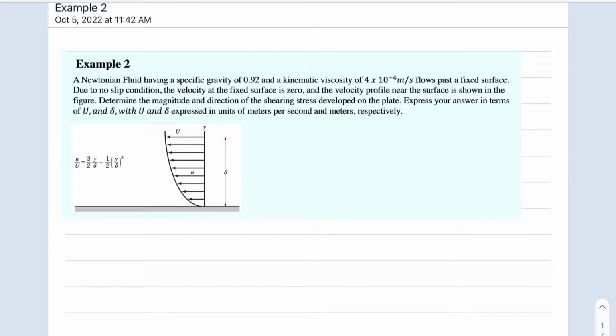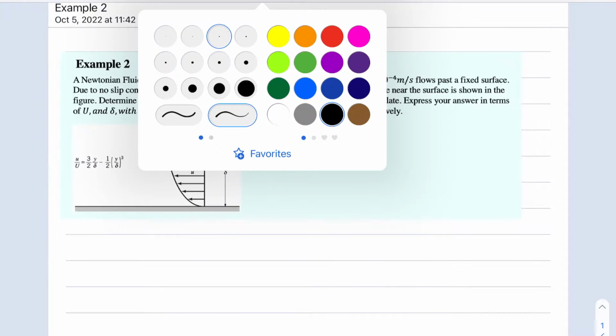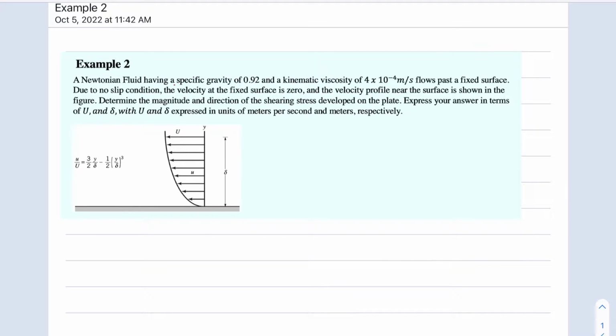So we have another example on the problem relating to the viscosity of a fluid. You have a Newtonian fluid having a specific gravity of 0.92 and a kinematic viscosity of 4 times 10 to the power of negative 4 meters per second. It flows past a fixed surface.